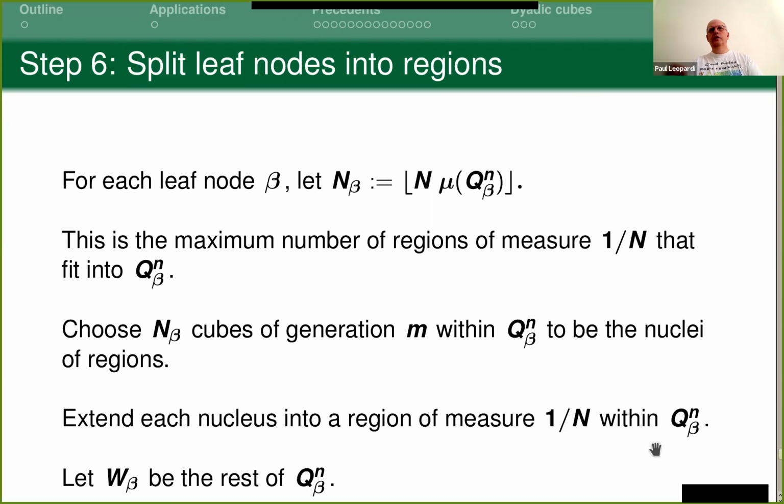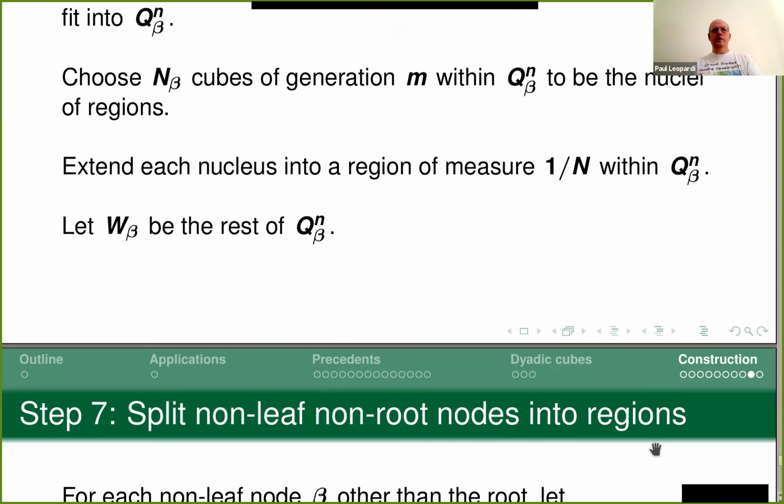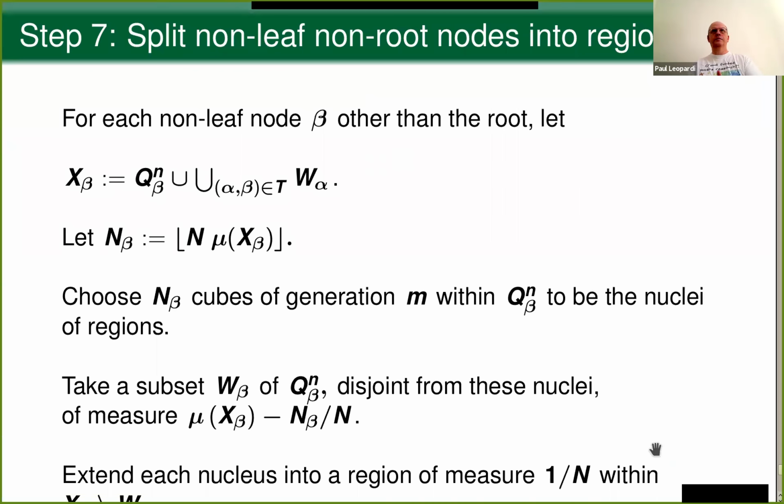And we then take those nuclei and extend them into regions which have the correct measure. And we have a remainder, and with the remainder we sweep up into the nodes which are adjacent. In this particular case, because we started with the leaf nodes, they're non-leaf nodes.